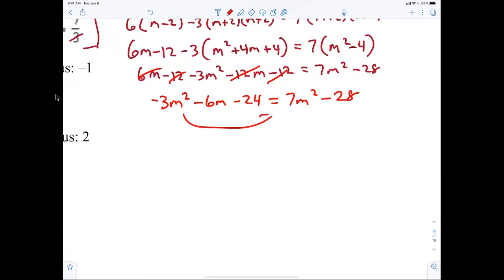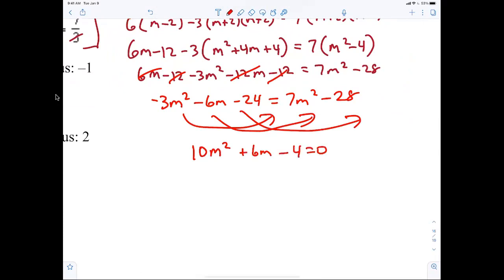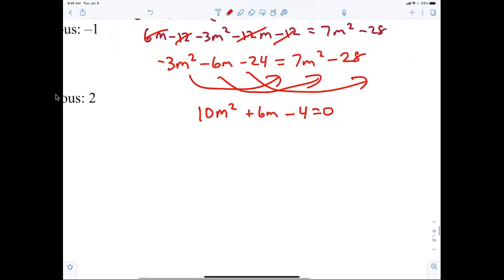It's quadratic, so I'm going to move everything over. So I have 10m squared plus 6m minus 4 equals 0. Now we can divide everything through by 2. So I have 5m squared plus 3m minus 2 equals 0.